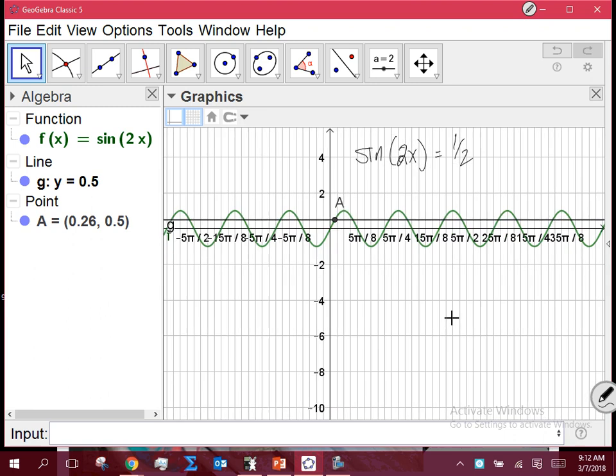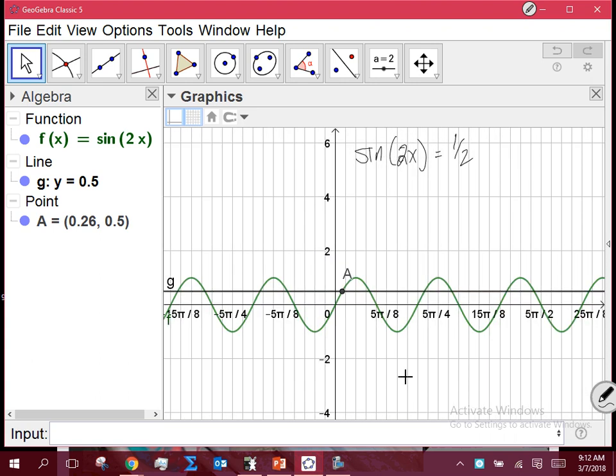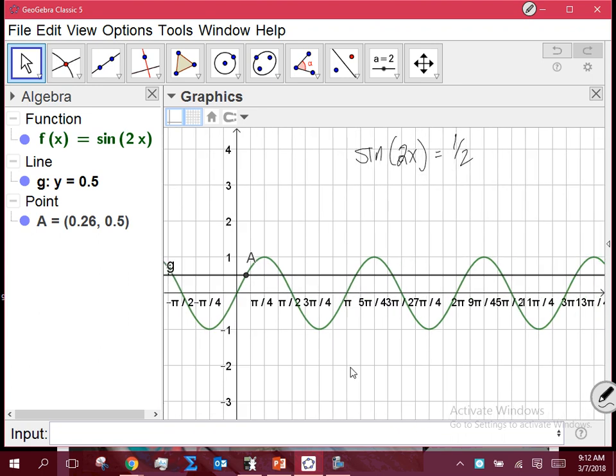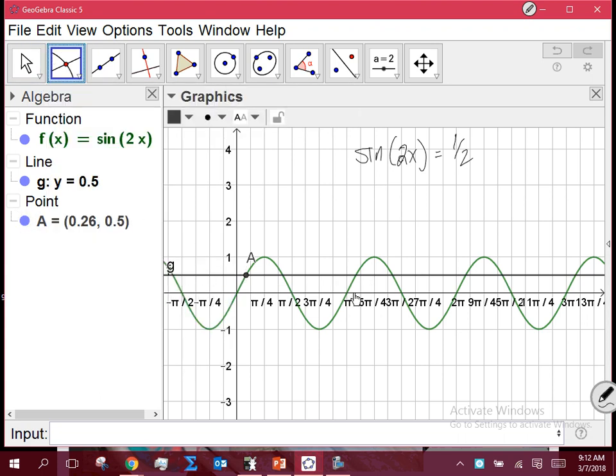Understanding the sine and cosine curve and how they behave provides insight on why we have an infinite number of solutions, and how, if I know what A is, I essentially know what all my other solutions might look like, okay? Because does this point here, A, and this point down here, B, kind of look like the same point on the curve?